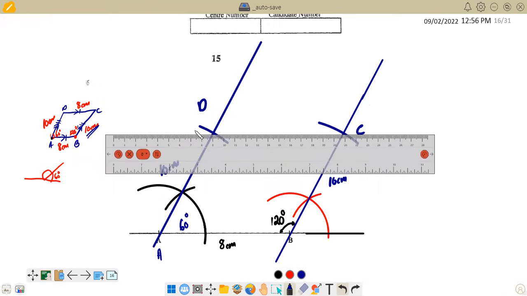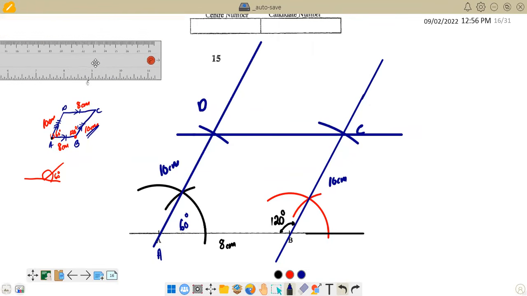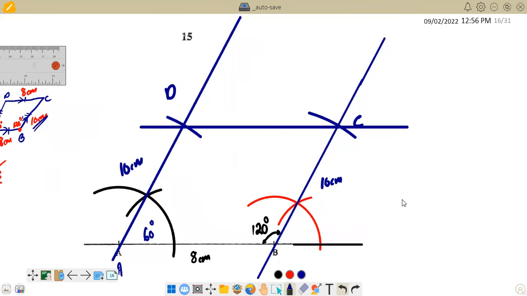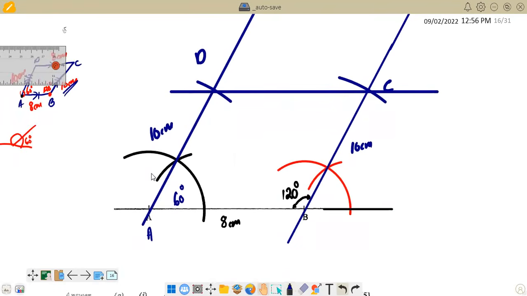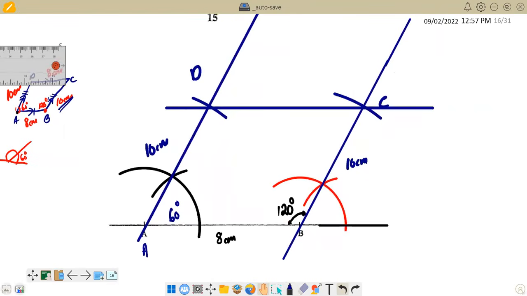Okay, so by joining, we have completed our parallelogram. That means we now have A, B, C, D as our parallelogram. And we can even name this side, because remember on our sketch, you said this is also 8 centimeters. So this will be 8 centimeters.